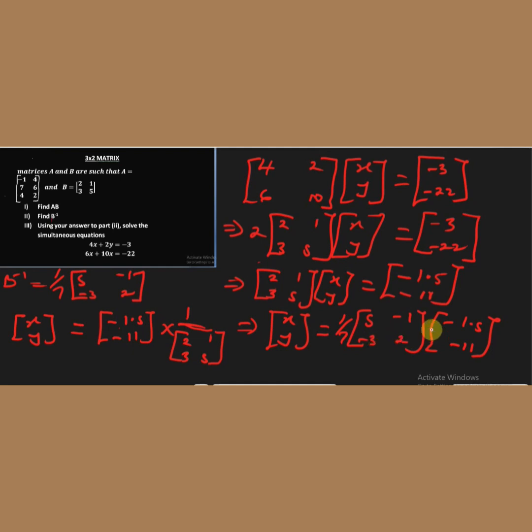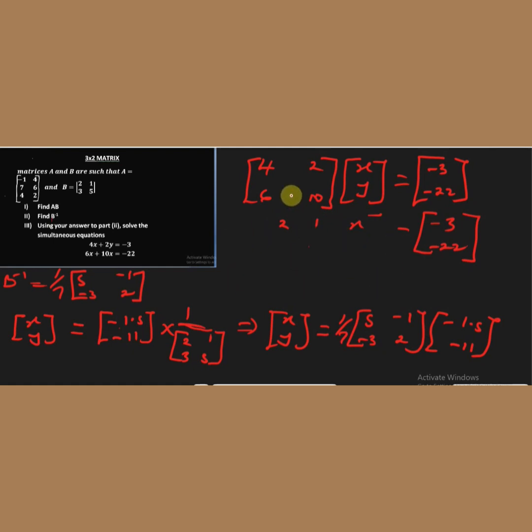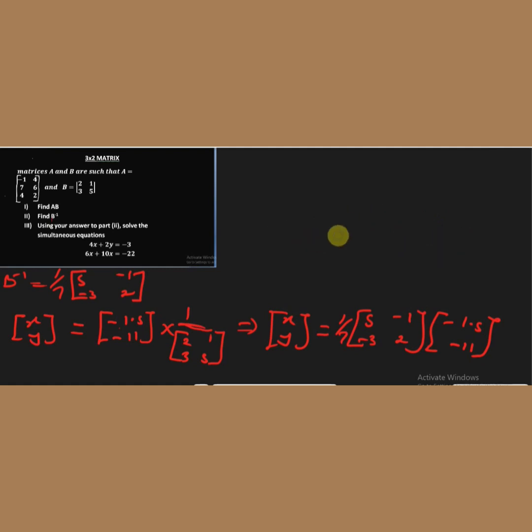Okay, so let me just clean here to have space. Alright, so basically I'm going to use the same system of multiplication. So remember that I'm going to say 5 times minus 1.5. That's going to give me, alright, 1 over 7, then 5 times minus 1.5, that's going to give me minus 7.5.